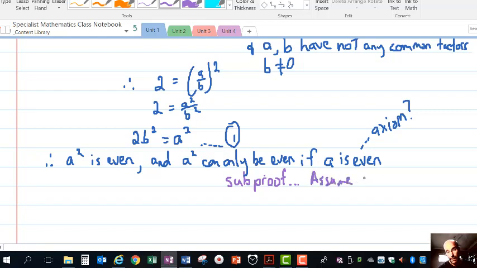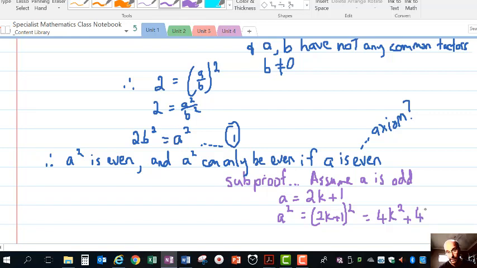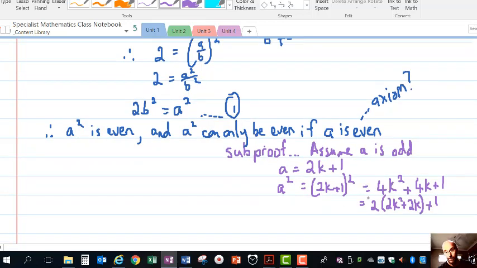So assume a is odd. a equals 2k plus 1. a squared would then be 2k plus 1 all squared, which is 4k squared plus 4k plus 1, which is 2 outside of 2k squared plus 2k, plus 1, and that's the form of an odd number.